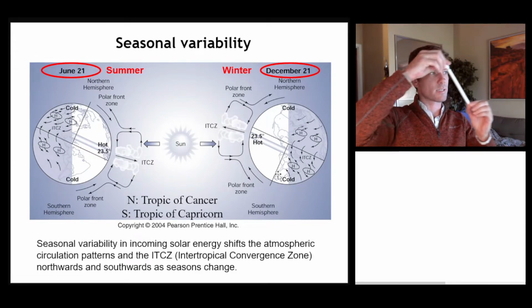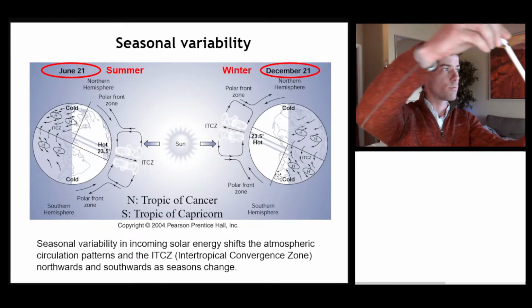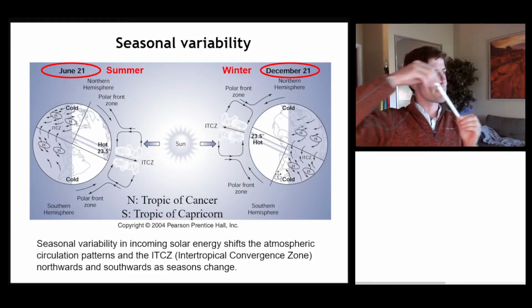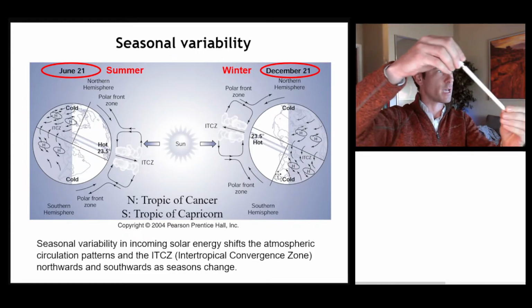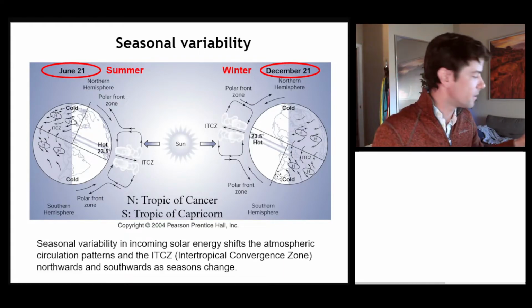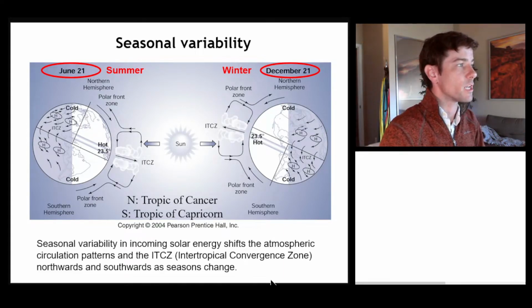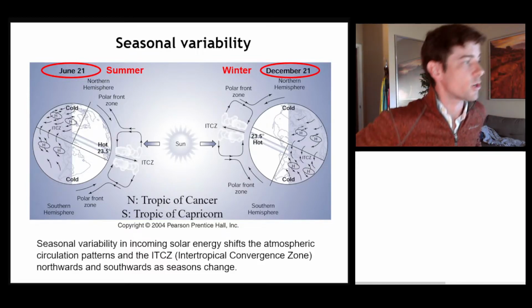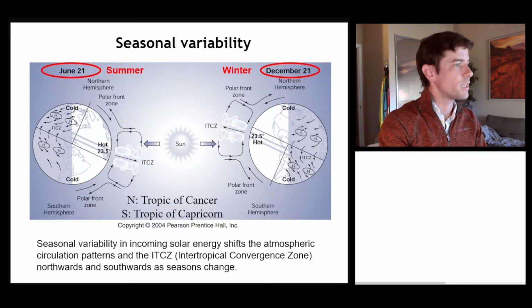If this is the axis, we revolve around the sun like this, right? The tilt doesn't change. The Earth is spinning. You can't really see that, but the tilt doesn't really change. Later in the course, we'll find out that the orbital parameters of the Earth do indeed change on longer timescales, but on a yearly timescale, that's really what we're seeing.